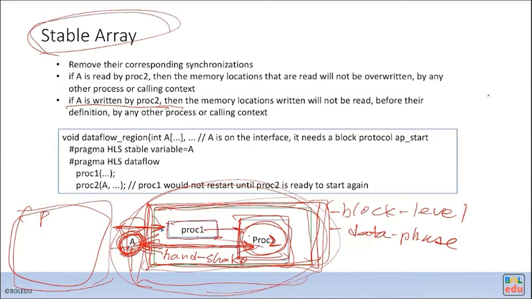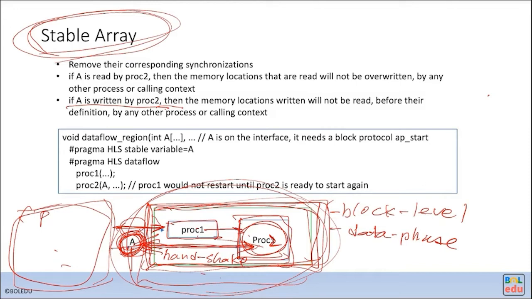And using the stable array tells the AAHLS compiler that there is no need for synchronization on the A port. Because if you insert the synchronization operation between these two blocks, then it is hard to execute the data flow.